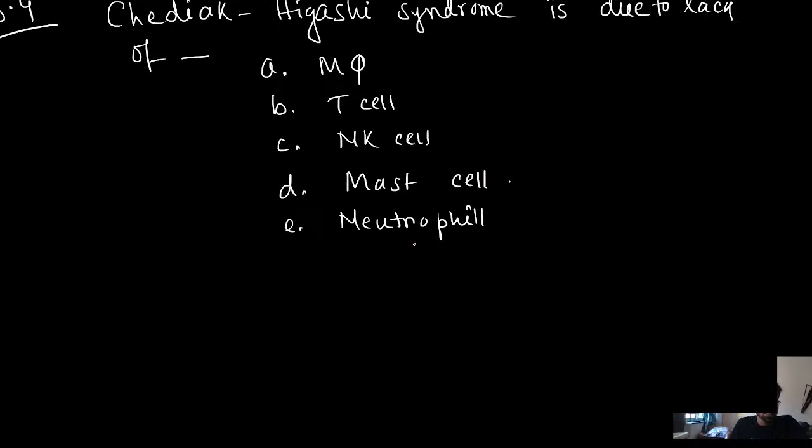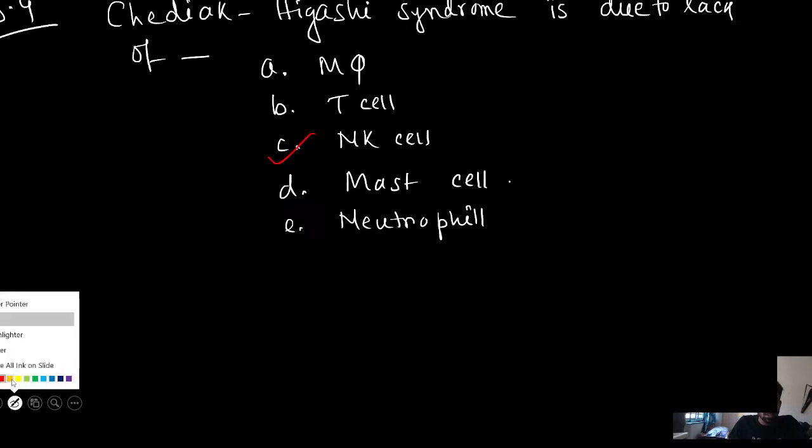The question is not fully visible at the top, it is getting cut off, and I don't know how to rectify it. I will check tomorrow. Don't worry, I'm just reading the question, so just listen. Everyone is saying it's C, NK cell. Fantastic, guys. Chalo, let's move.